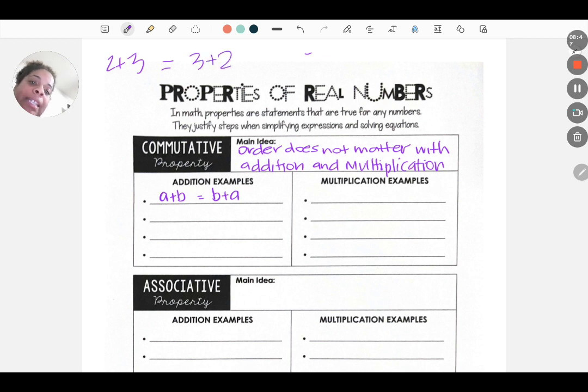You're going to get the same answer. So that's with addition. Let's put some numbers in there. I was going to use 6. We'll do 6 plus 7 is equal to 7 plus 6. There you go. Since I already used 2 multiple times, I figured I'd use a different number.